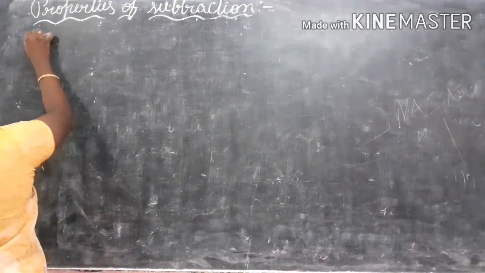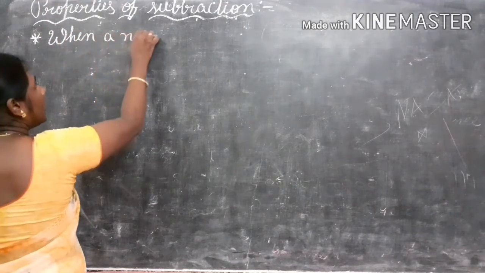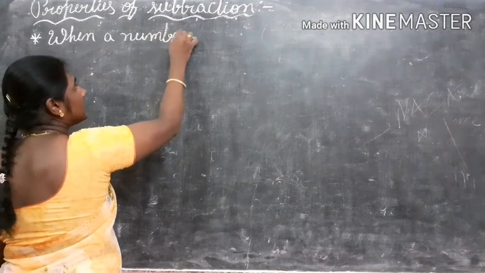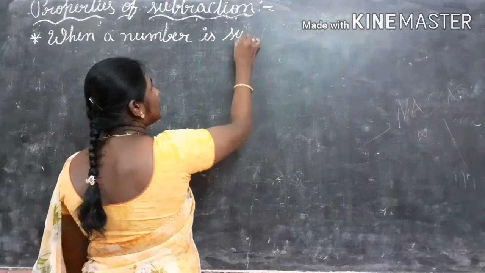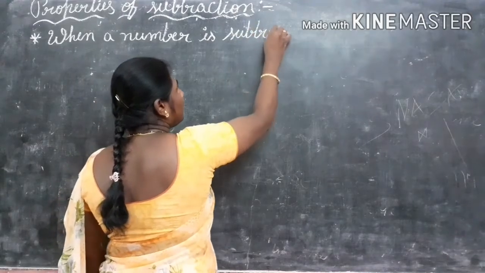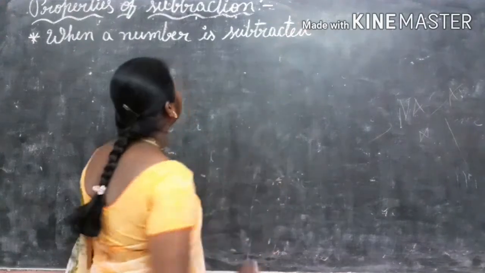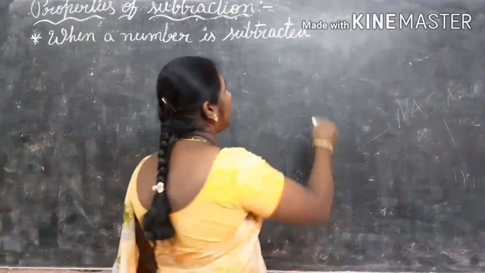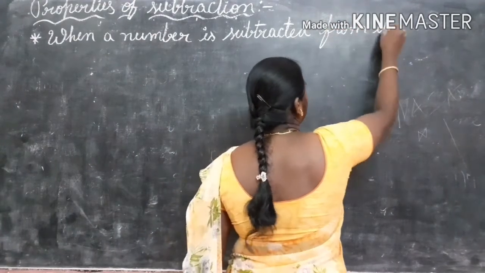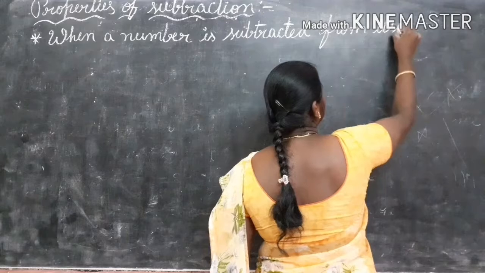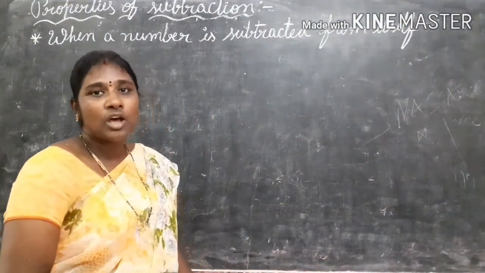Next, the third one. When a number is subtracted from itself, the difference is how much?